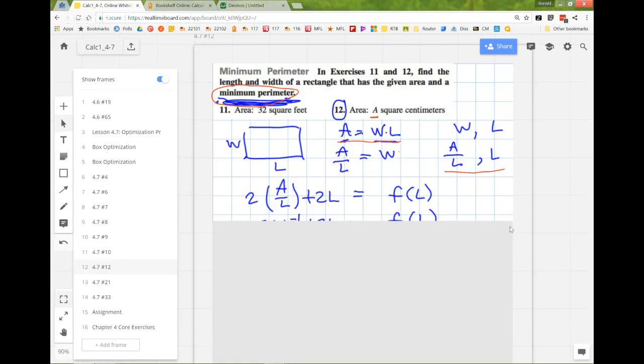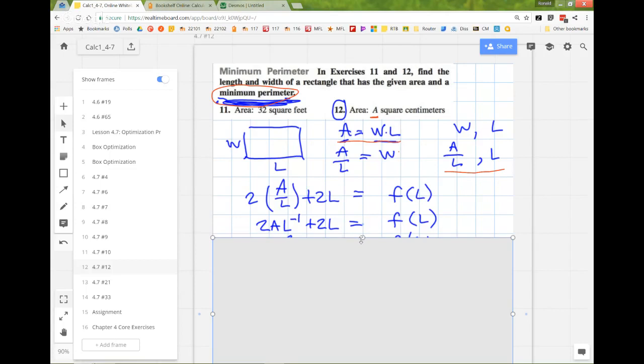That should equal the perimeter. Okay? I just rewrote that a little bit. Remember, A is a constant. So I put the constant out in front, 1 times 1 over L, which is L to the negative 1. So there it is.